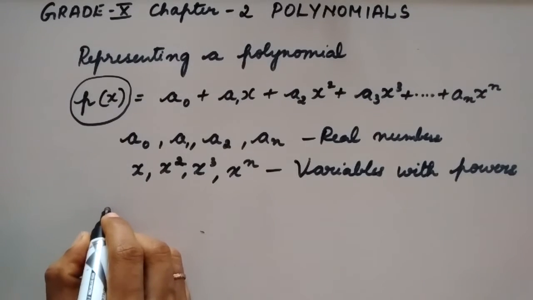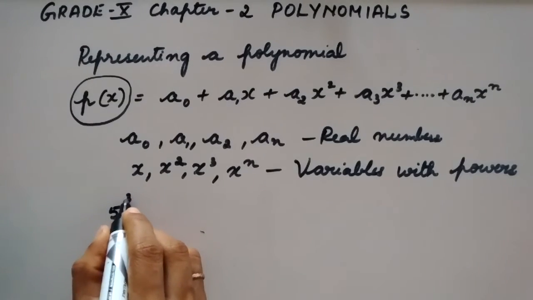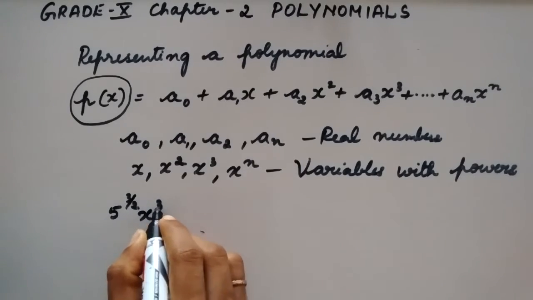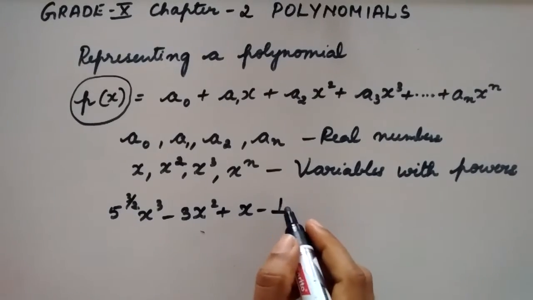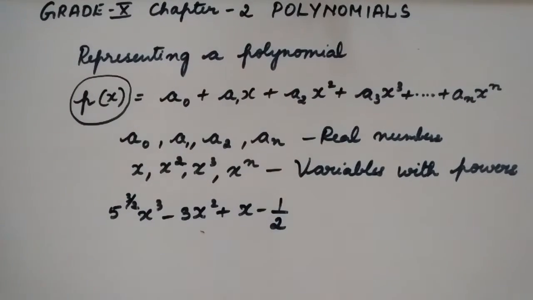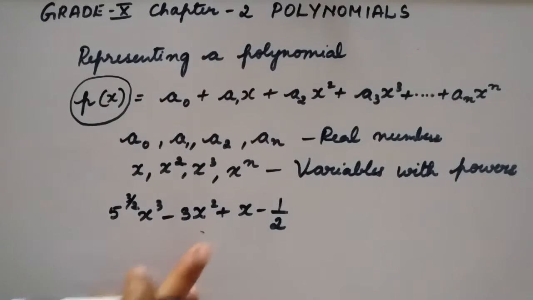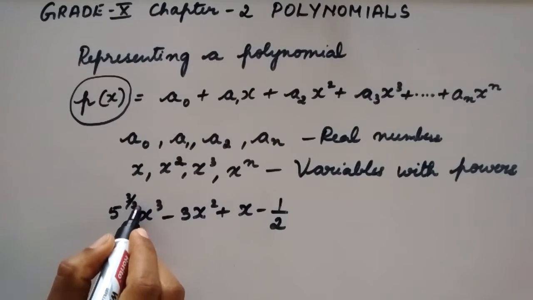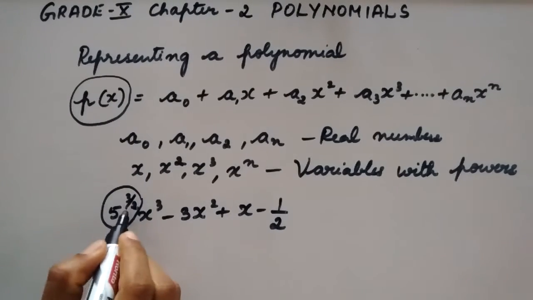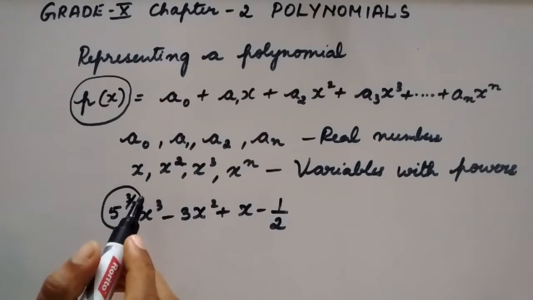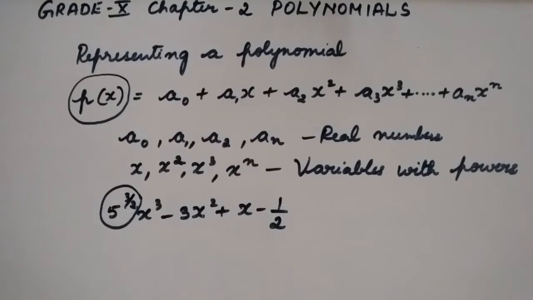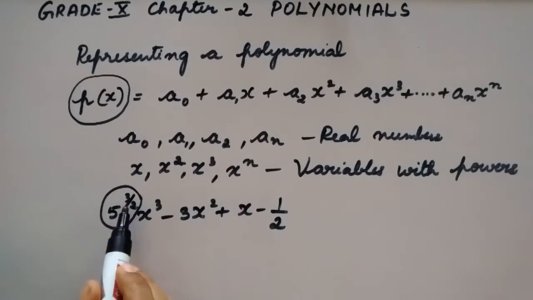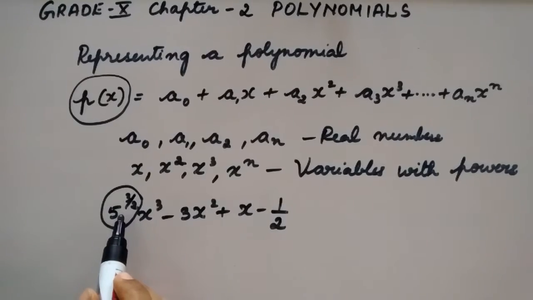For example, 5 to the power 3 by 2 x cube minus 3 into x square plus x minus half. So, is this a polynomial? Let us check. What about 5 to the power 3 by 2? It is a real number, isn't it?